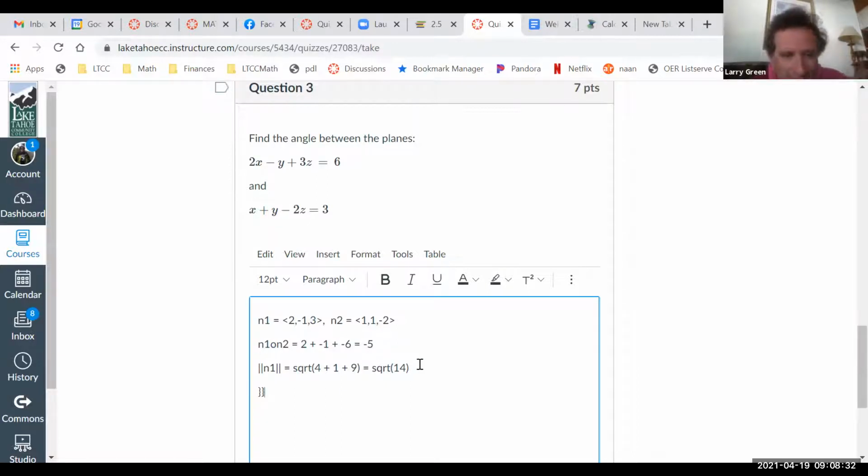And then we need to find the magnitude of n2. And that's the square root of the sum of the other squares. Square root of 1 plus 1 plus 4, which is square root of 6.